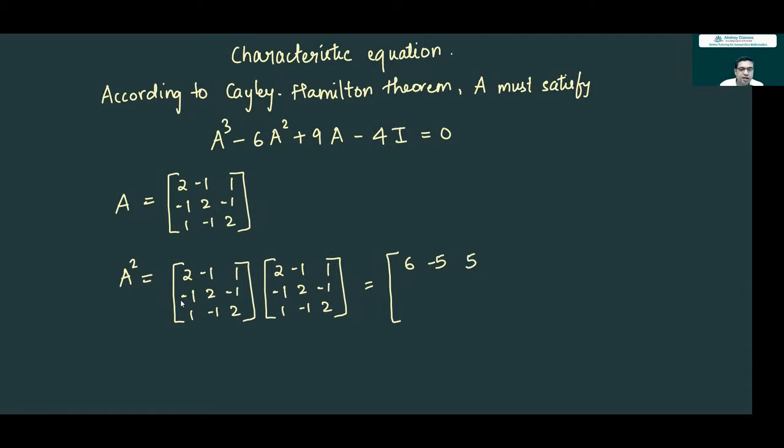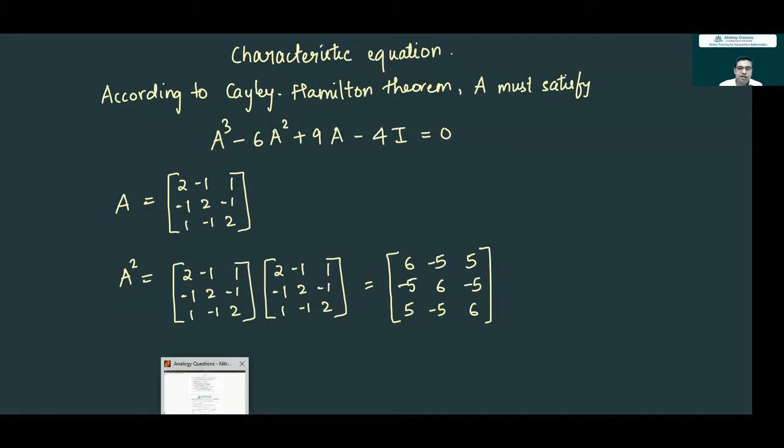Okay. Then second row, first column, minus 2 minus 2 minus 1. So minus 5. Then 1, 4, 1, 6. Then minus 1, minus 2, minus 2, minus 5. Then the last row multiplied with the first column, 2, 1, 2, 5. Minus 1, minus 2, minus 2, minus 5. 1, 1, 4, 6.